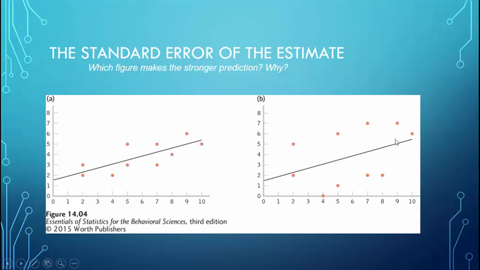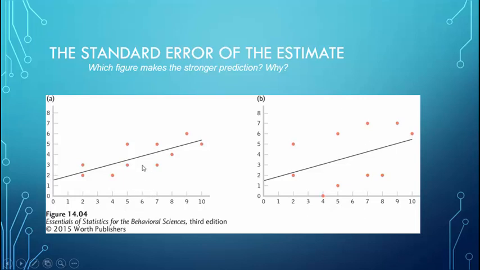Whereas with this line, it's still our best fit regression line, but you can see there's a lot more distance between the data points and the line, which means there's more error in our prediction. When we predict somebody at 6 on whatever this x variable is, and what we predict for y is about 3, you can see that that's our best guess, but there may be quite a bit of variability, quite a bit of error in that estimate.